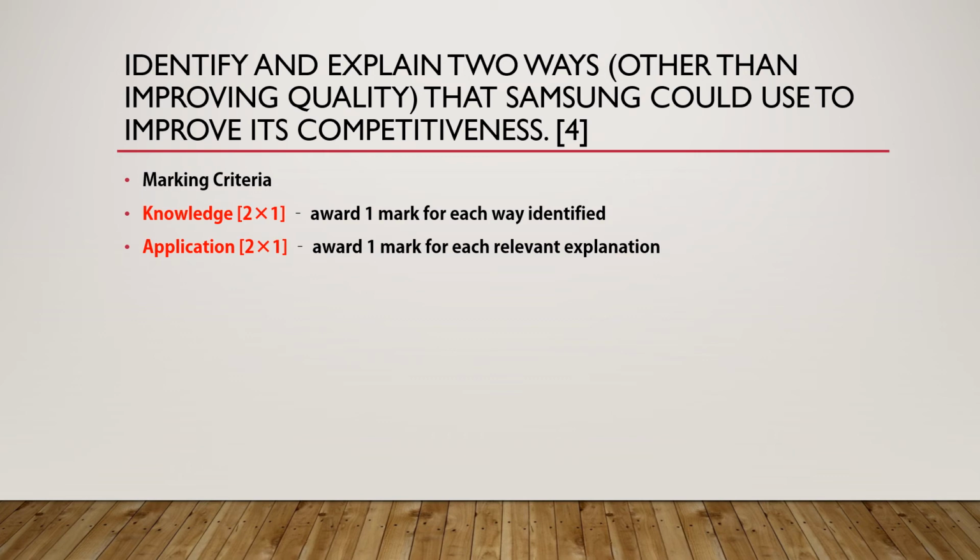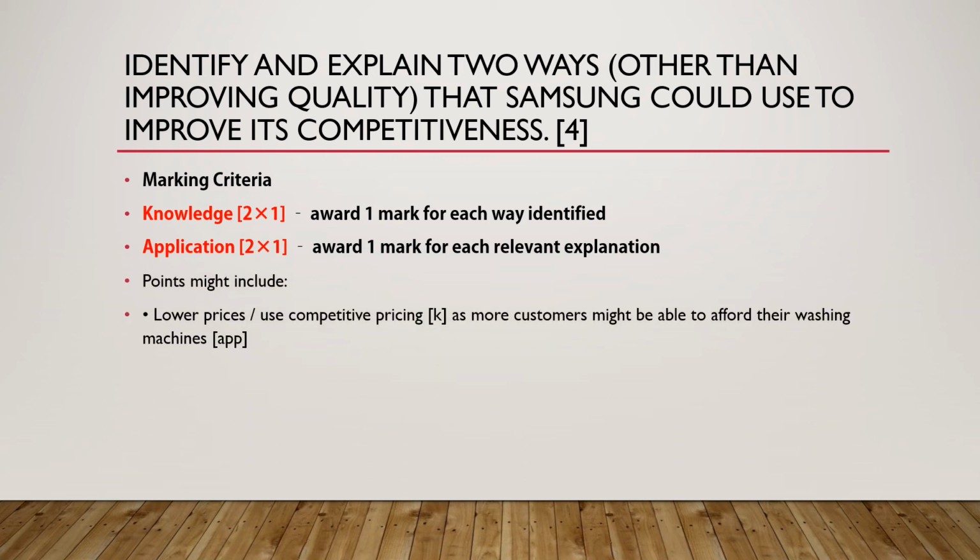Okay, so here are a few points that you can write. You can write this answer in many ways. The question is basically a general question: how can a business improve its competitiveness? Of course businesses can improve competitiveness by lowering prices, or by using competitive pricing. That point is knowledge.